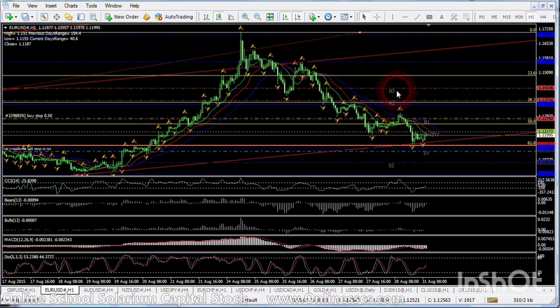I don't teach Ichimoku. It's a really good tool for analyzing. I really use it, but I will teach you Ichimoku next term.